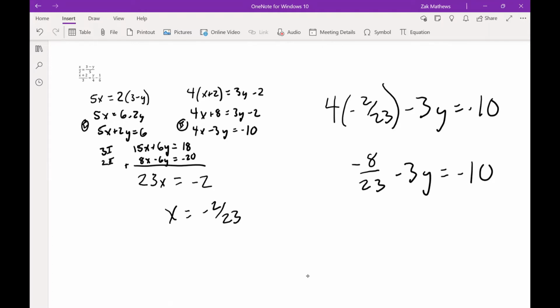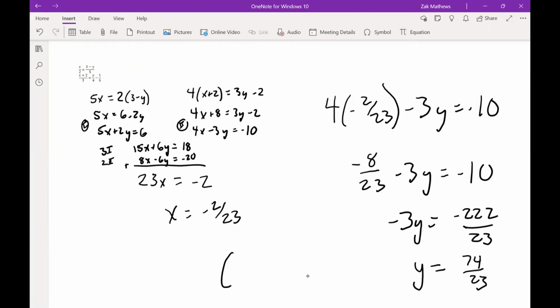And when we convert that back to a fraction, just because I want to use exact values, we get negative 222 over 23. And so now I need to divide by that negative 3. Negative divided by negative is going to be a positive. Dividing by 3, we get 74 over 23 positive. So our solution: negative 2 over 23, comma 74 over 23.